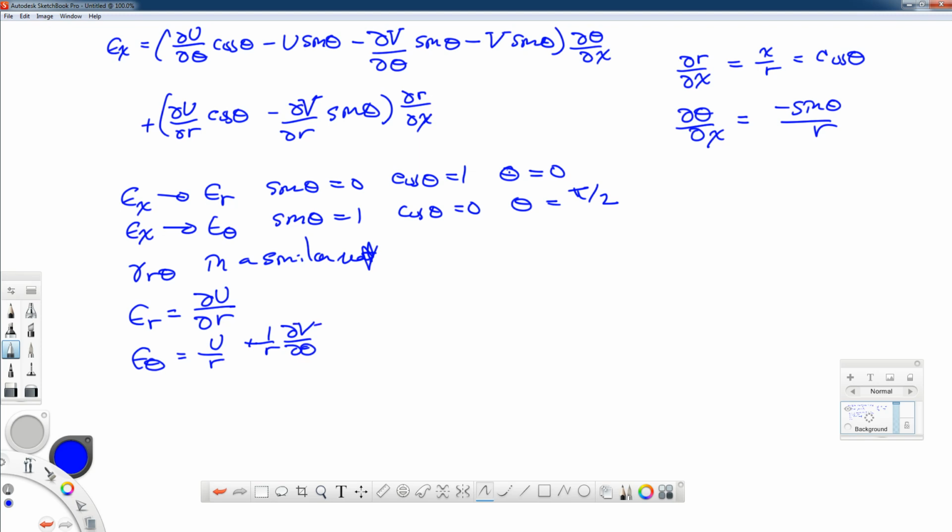And then gamma r theta is 1 over r, partial of capital U with respect to theta, plus partial of capital V with respect to r, minus capital V over r. So these are the strain displacement relations in polar coordinates.